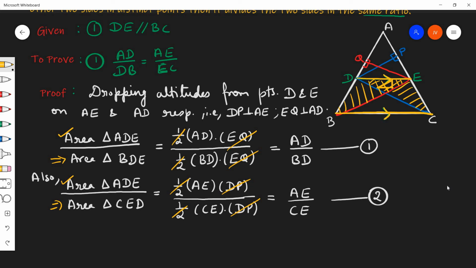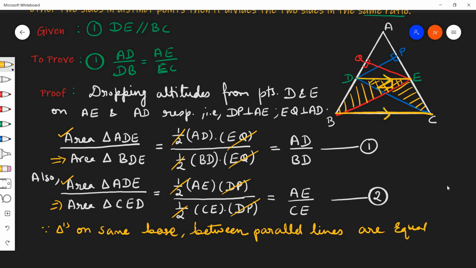As we know, triangles on the same base between parallel lines are equal in area. This will imply that the area of triangle BDE is equal to the area of triangle CED.